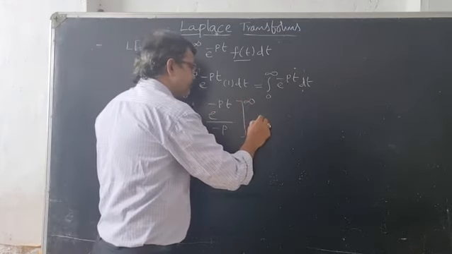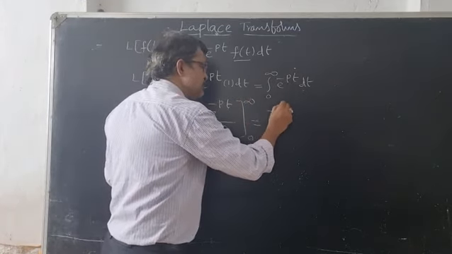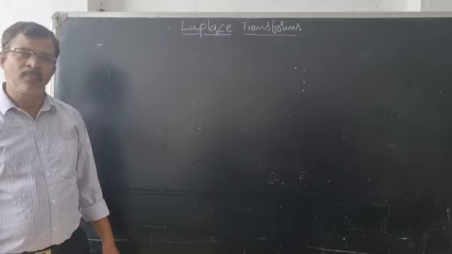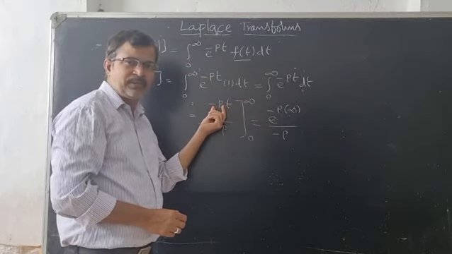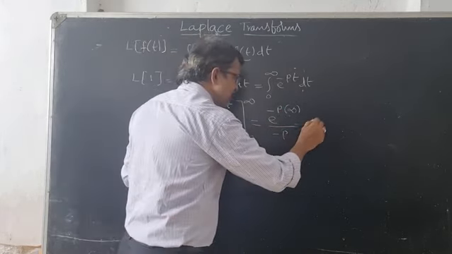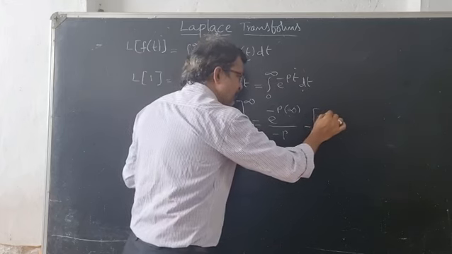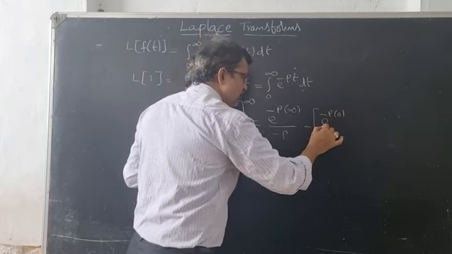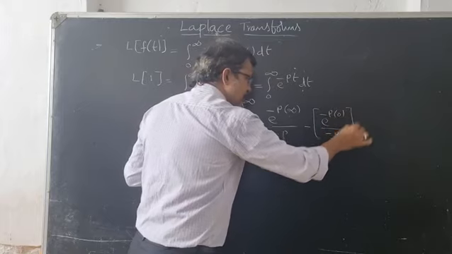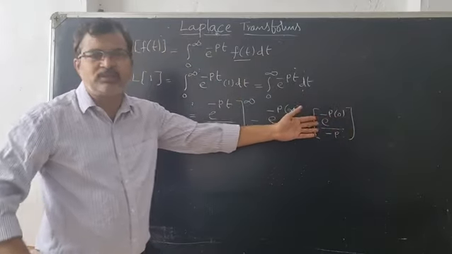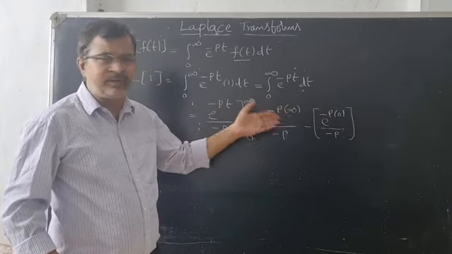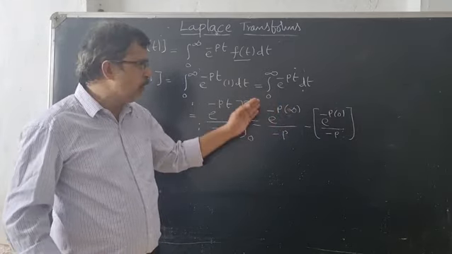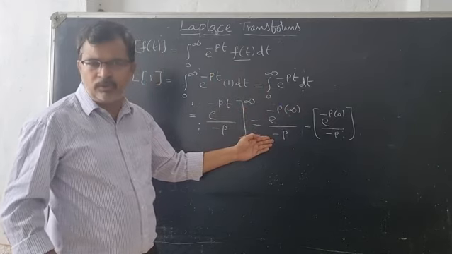Here, e^(-p into infinity) by -p, the value of infinity you substitute in place of t, minus e^(-p into 0) by -p, this is the lower limit. Here e^(-infinity) is equal to 0, and 0 by anything is equal to 0, you know very well.